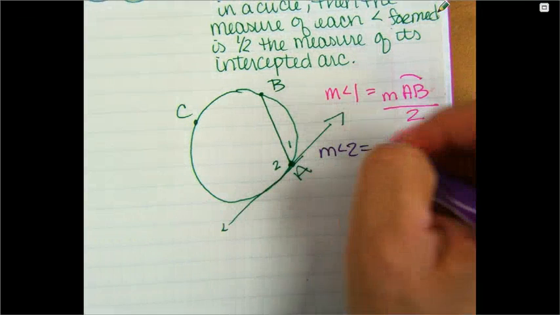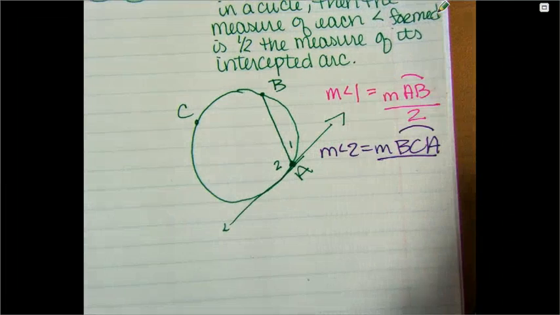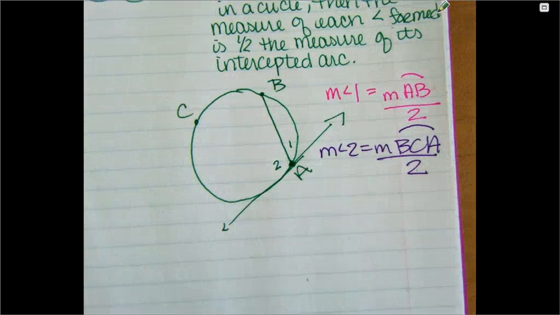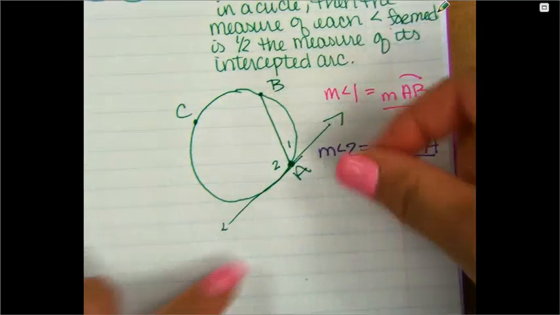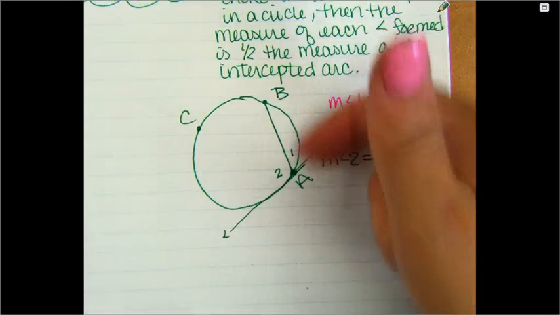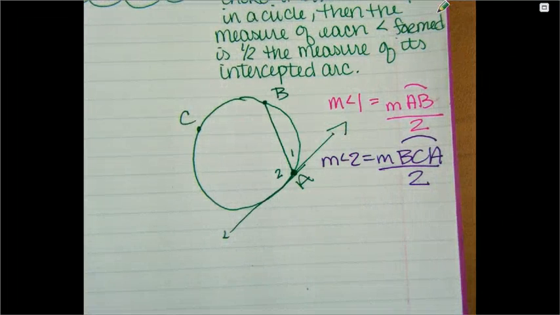So the measure of arc BCA divided by 2. Doesn't that look really similar to an inscribed angle? The only difference is now we have these lovely little things on the outside because we have a tangent. But it's almost the same thing. It's saying you have an angle and the arc is bigger than the angle by 2.